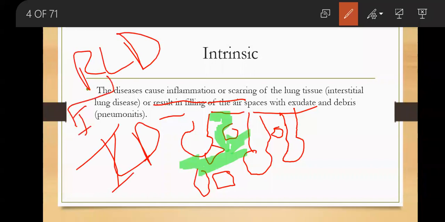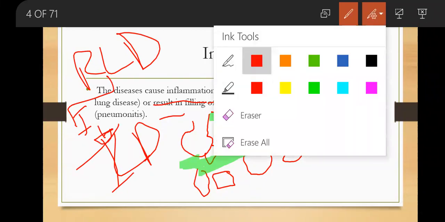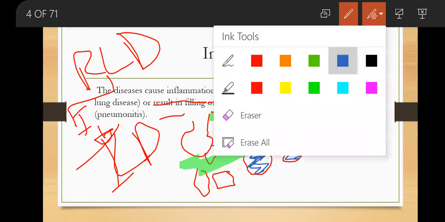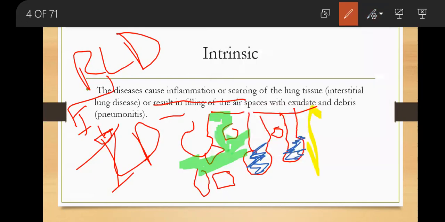And if it affects the alveoli, and the alveoli become filled with debris, exudates, and inflammatory cells, this will be called pneumonitis.